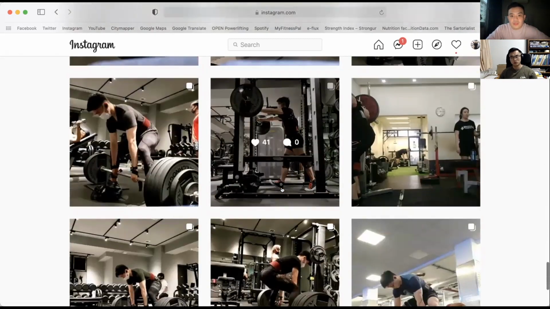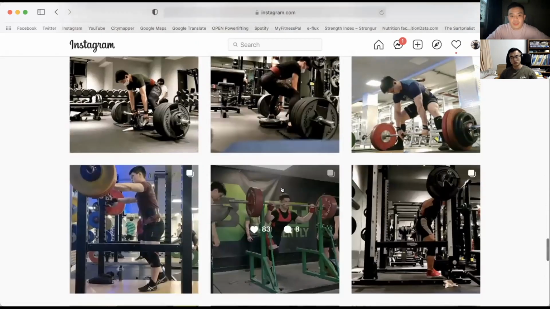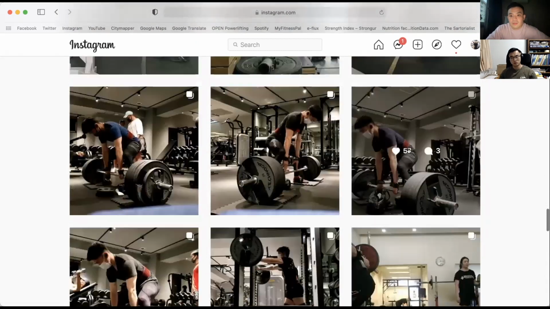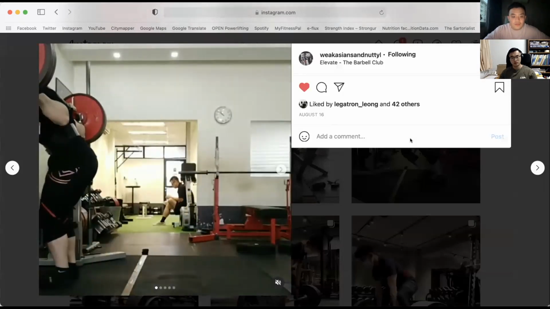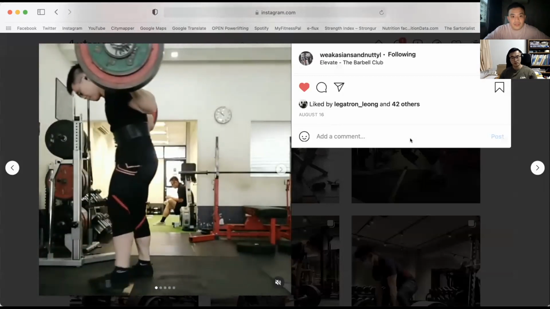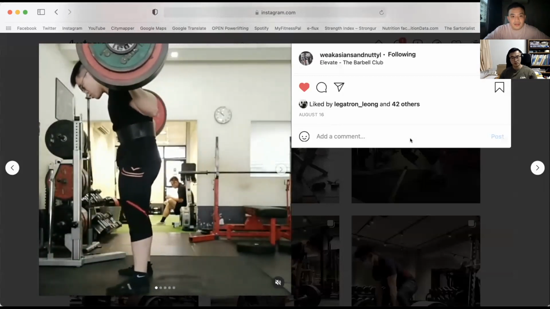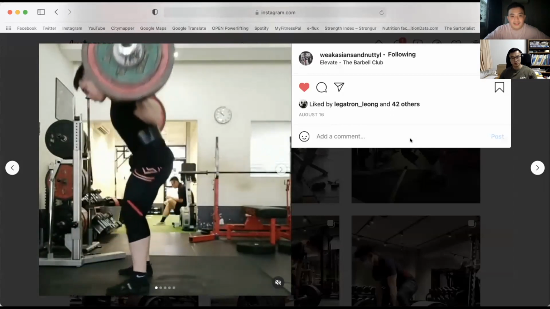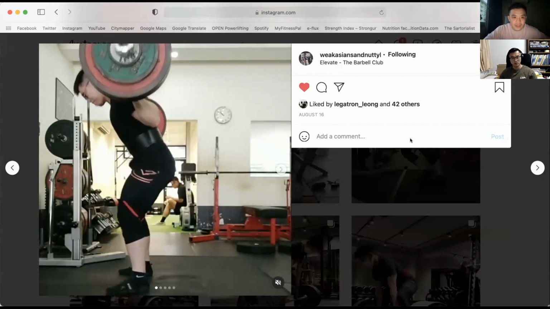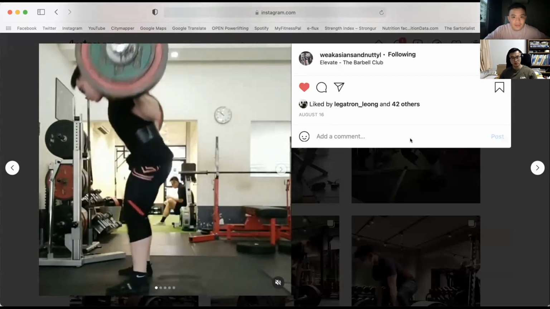So let's see if he has one where he just kind of... let's look at this one. So you can see he is so floppy, right? Look at the elbows. I think that's like 190 something.